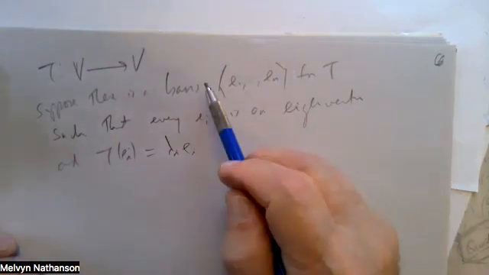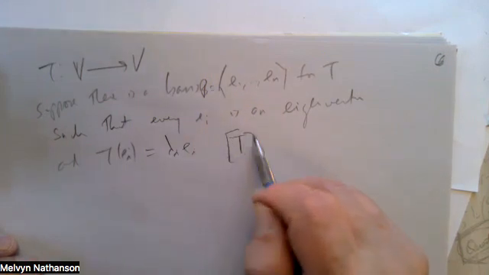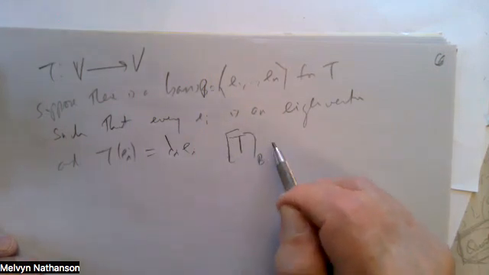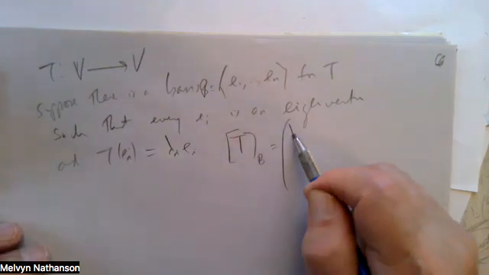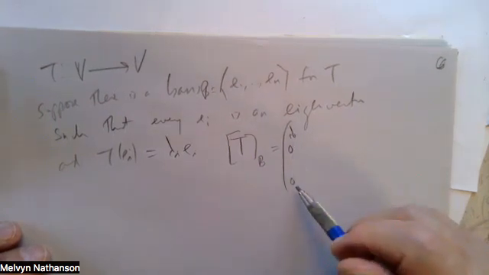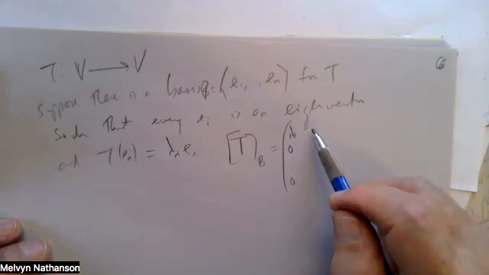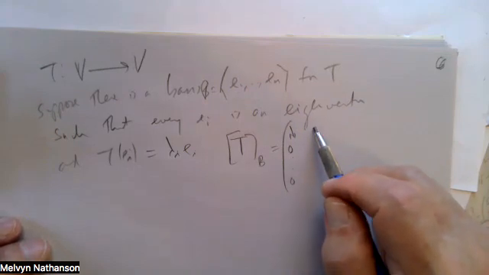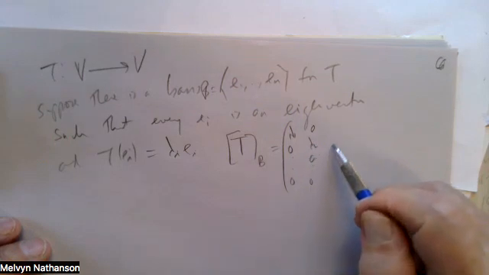In that case, let's call this basis B. What is the matrix for T? Well, E1 goes to lambda 1 E1. So the first column is lambda 1, and that's 0. The second basis vector E2 goes to lambda 2 E2, so that's 0, lambda 2, and then zeros.